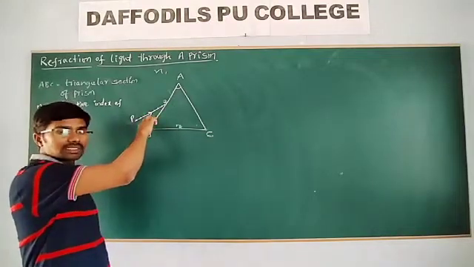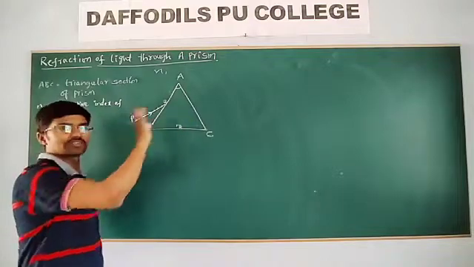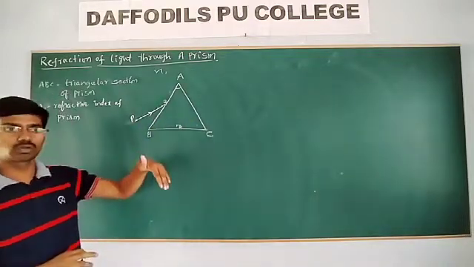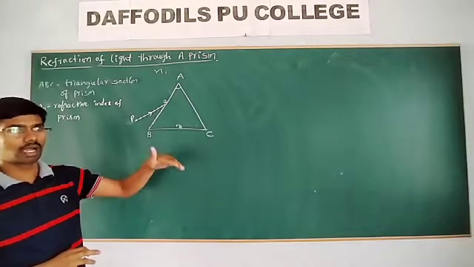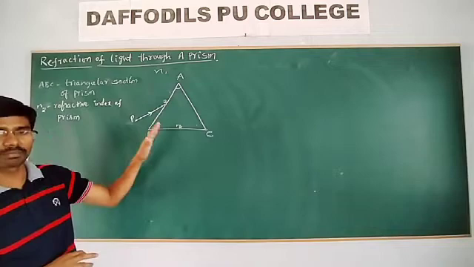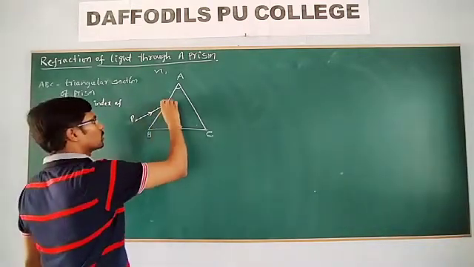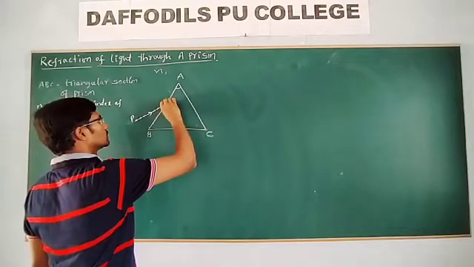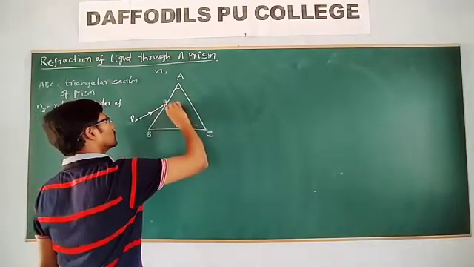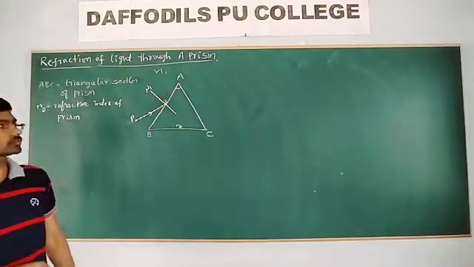Whenever a light ray passes from one medium to another medium, how is it refracted? Whether it is refracted towards the base of the prism or away from the base depends upon the normal. At this point we need to take the normal, that means for this AB you draw a normal.